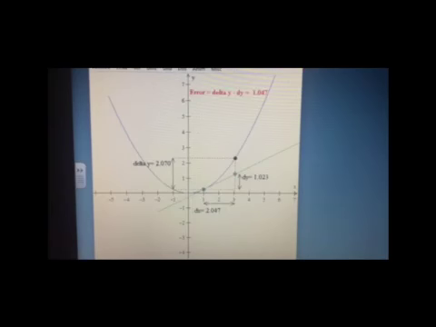As you can see here at the top, when the differential of x comes close to 0, the difference between the real change and the approximation, which is the differential of y, gets smaller and smaller to almost 0. So that's why the differential of y is a good approximation of delta y.